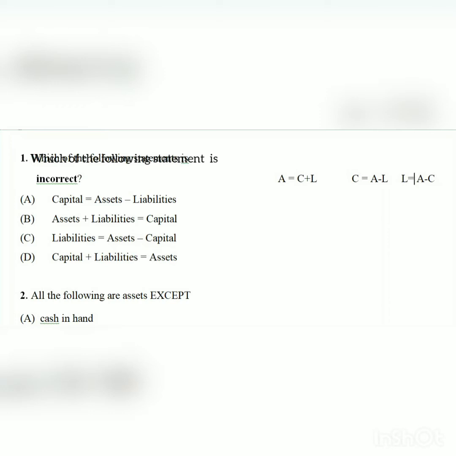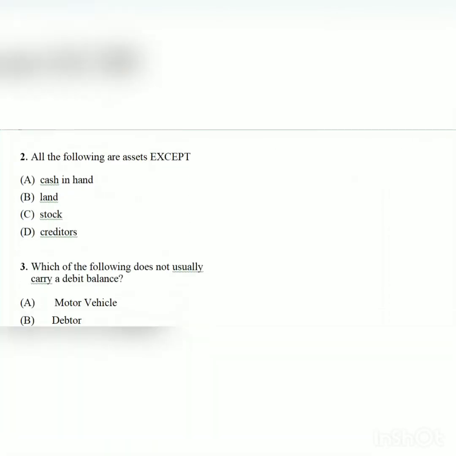So when we look at all four options, we realize that the option that is out would be option B. Option B would be incorrect because it states that assets plus liabilities equal capital, when the accounting equation tells us that in order to find capital, it is assets minus liability. Good. So now we move to question 2.